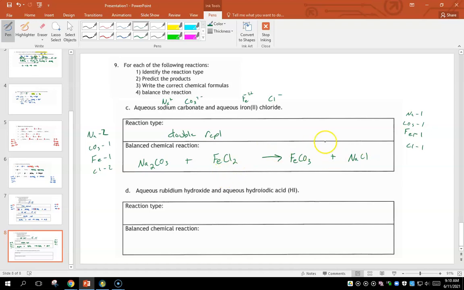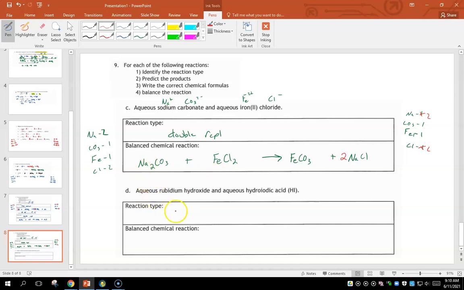So my sodiums and chlorines are out of balance. This looks like a pretty easy thing to balance. I got 2 sodiums, 1 sodium, so I'm going to add a coefficient of a 2 here, which fixes my sodium to 2 and my chlorine to 2, and looks like we're balanced.